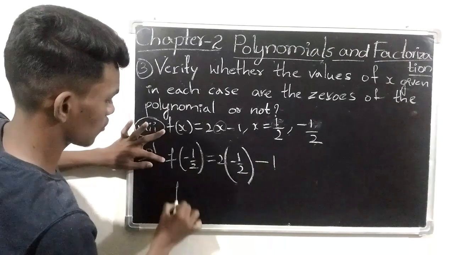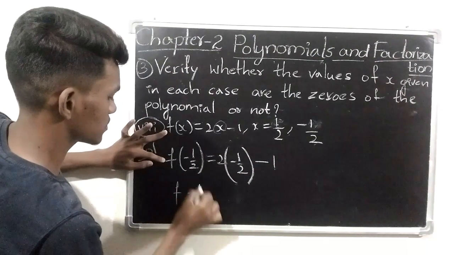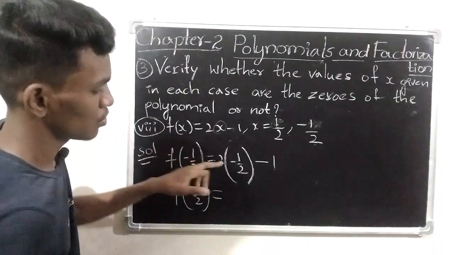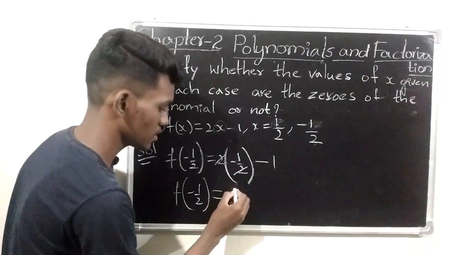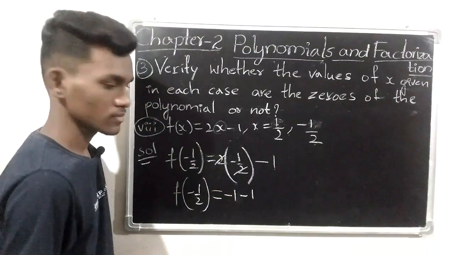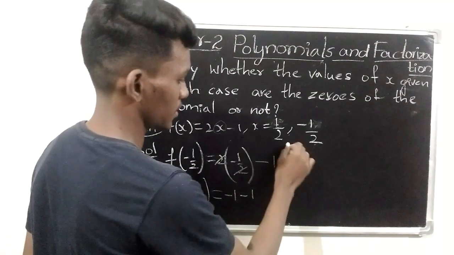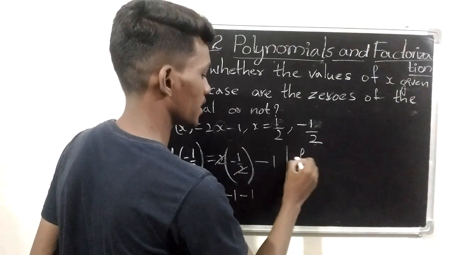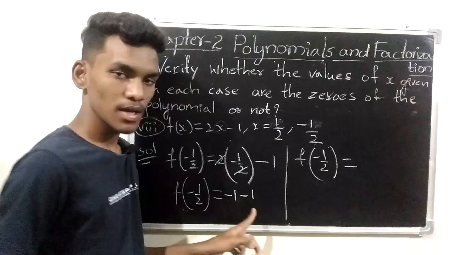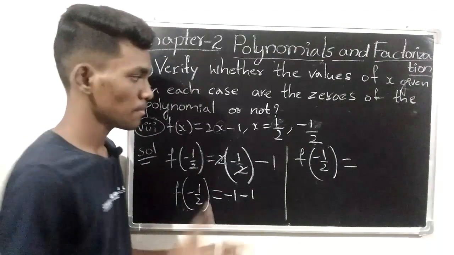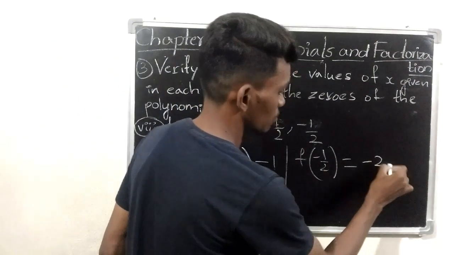So write f(-1/2) = 2 × (-1/2), the 2 and 2 cancel. The remaining is -1 - 1. So f(-1/2) = -1 - 1 = -2.